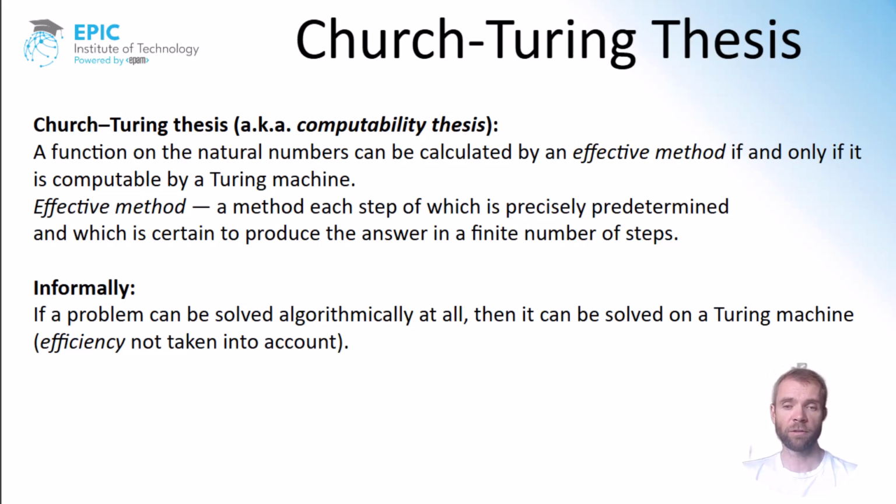The formulation of the thesis is as follows. A function on natural numbers can be calculated by an effective method if and only if it is computable by a Turing machine. So if and only if there exists a program for a Turing machine, like this kind of diagram that you've seen recently, that allows the Turing machine to perform the computation, to perform the data processing, to solve the problem. Why are we talking about a function on natural numbers, not just an arbitrary algorithmic problem?